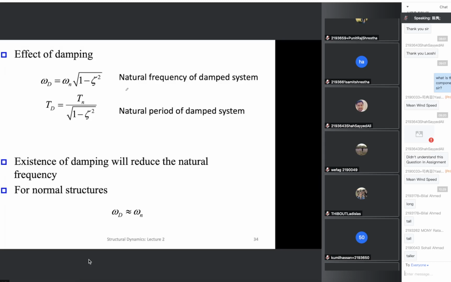First, the damping will reduce the natural frequency.